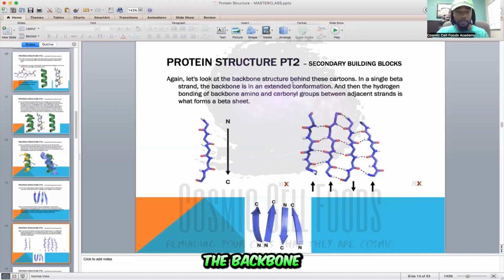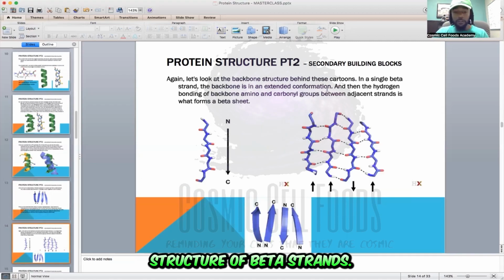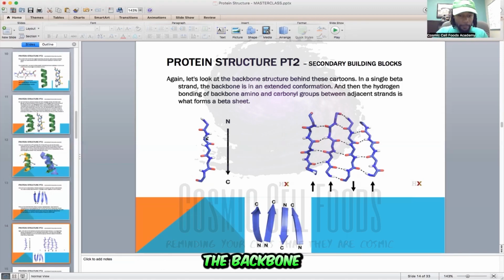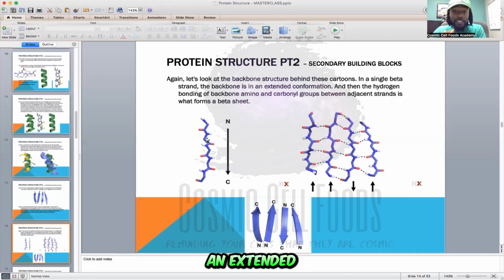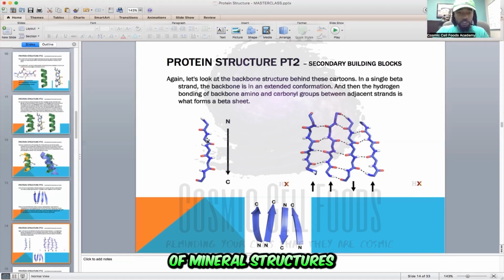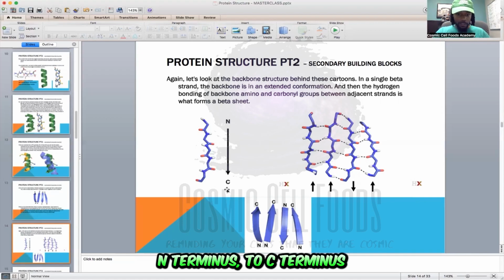So let's look at the backbone structure of beta strands. In a single beta strand, the backbone structure is an extended conformation, meaning it's an extended polymer or group of structures in a linear form, which they call extended conformations, from N terminus to C terminus.